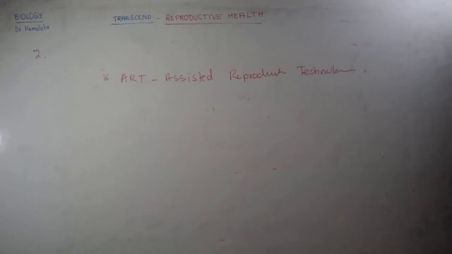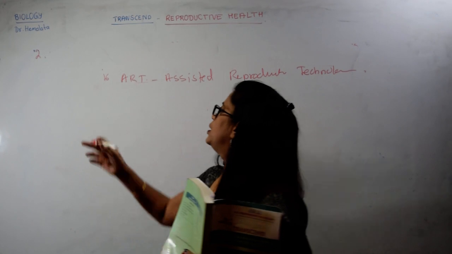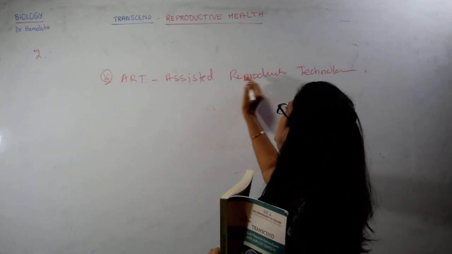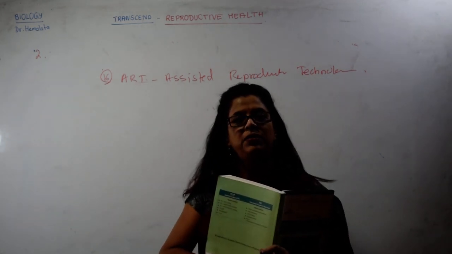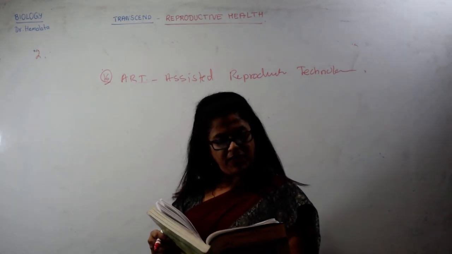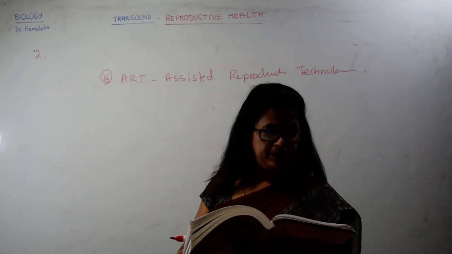So this question, the 16th number, what I am talking about is ART, that is assisted reproductive technologies, right? So it is also called medically assisted reproductive technologies. So what they are saying is, that is the 16th question I am dealing with.